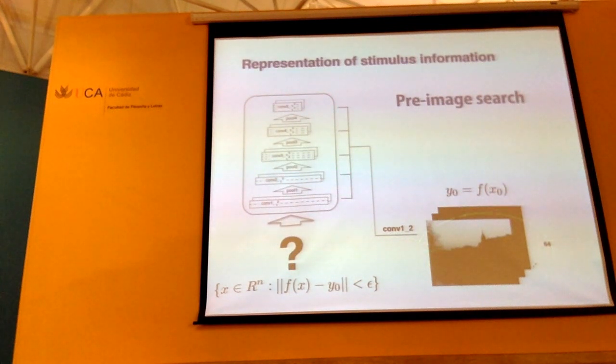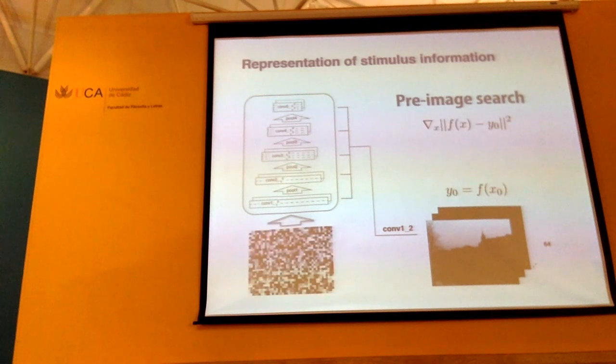So here we are looking at the feature maps of conv2, and we are now asking for a set of images that lead to very similar activations, up to some very small loss in the squared distance of the activation. One thing that you can do is to start from a white noise image, and then do gradient descent on the image pixels to minimize the squared distance between the activation of the current image and the target image that you used in the beginning.